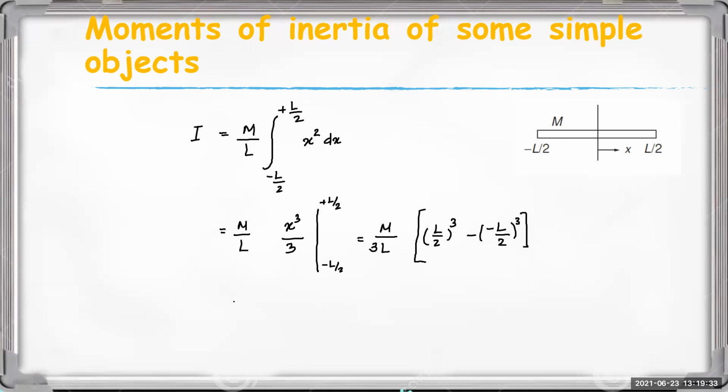Then that is equal to m divided by 3L into L cube divided by 8, minus L cube by 8, this minus adds, then plus L cube divided by 8. So that is equal to m divided by 3L into L cube divided by 4.